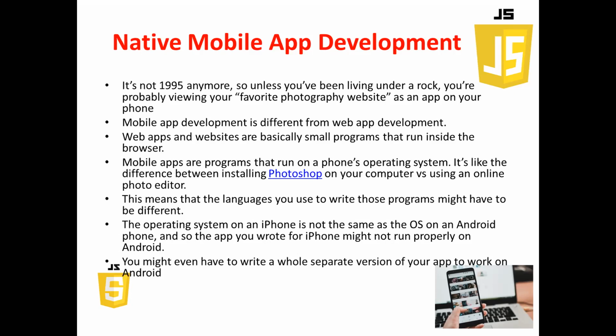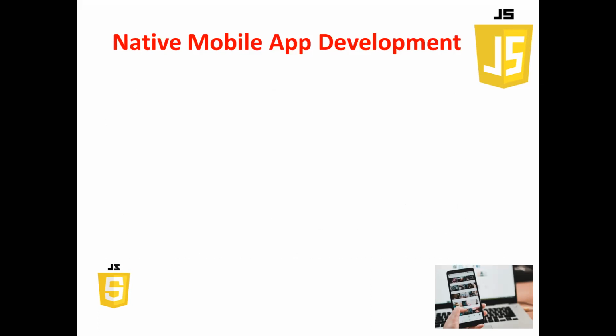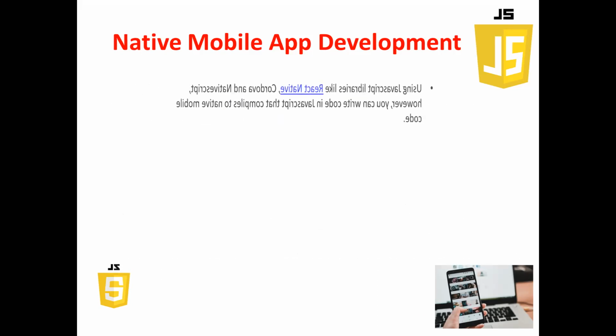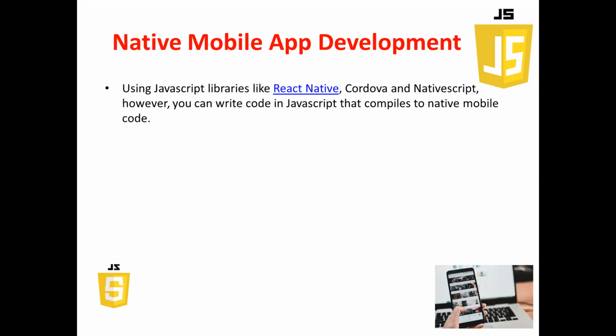You might even have to write a whole separate version of your application to work on Android. For example, the code you use for iOS will be different from the code for Android. Using JavaScript libraries like React Native, we will learn React, we will touch a little bit on React as well.